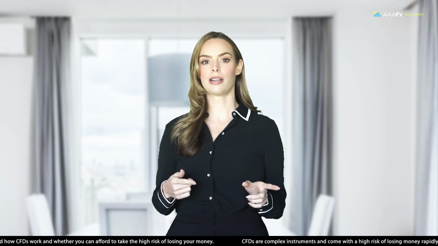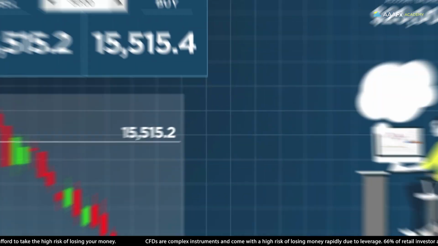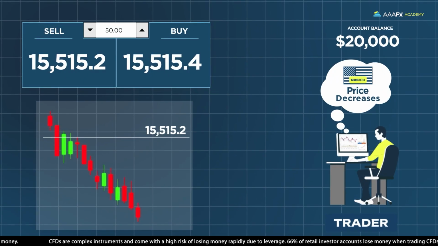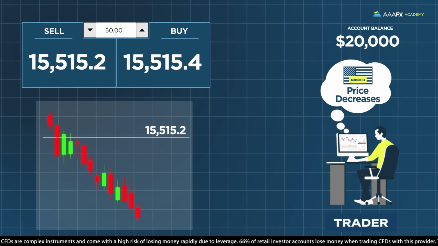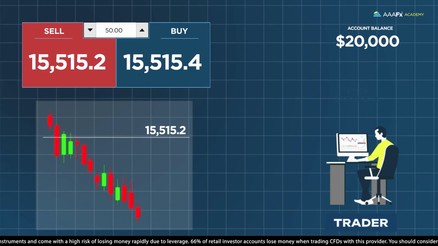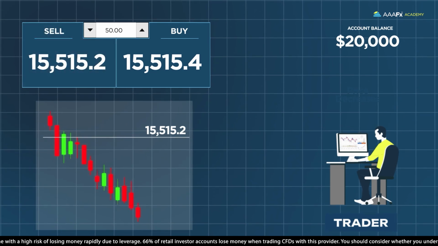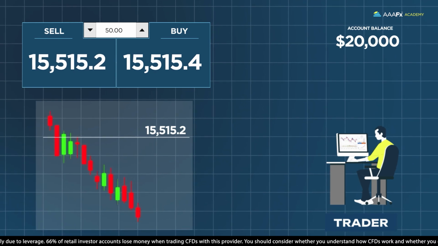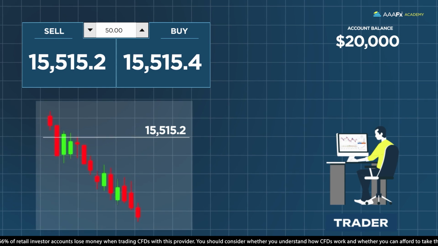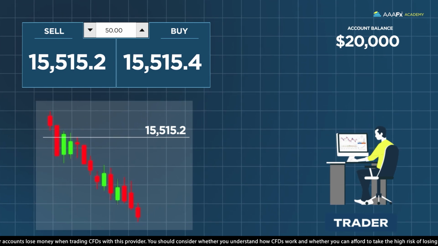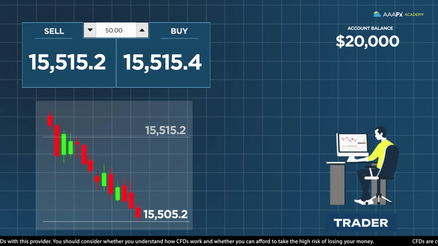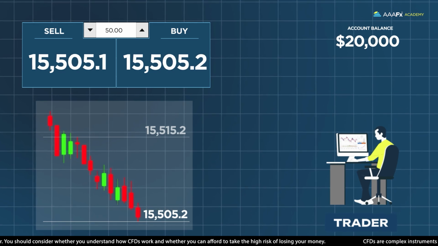Now let's switch gears and talk about trading in a falling market. This time, imagine you anticipate that the price of the NAS 100 is going to go down. So you decide to place a sell or short trade of 50 NAS 100 CFDs at its current price of $15,515.20. If your anticipation proves correct and the market price indeed drops, let's say to $15,505.20, you're in for a win.